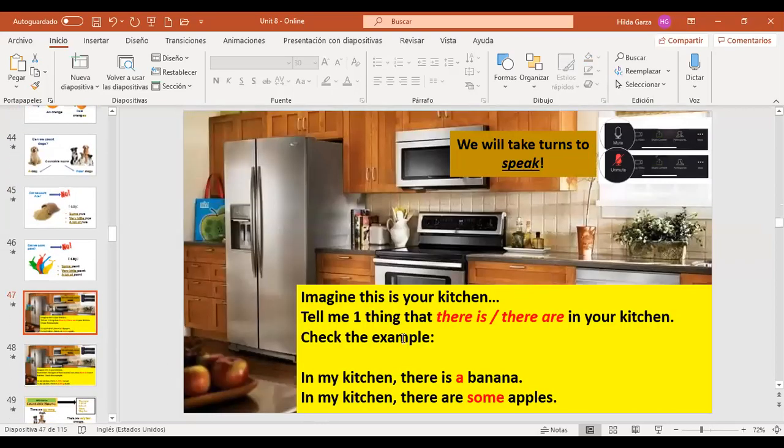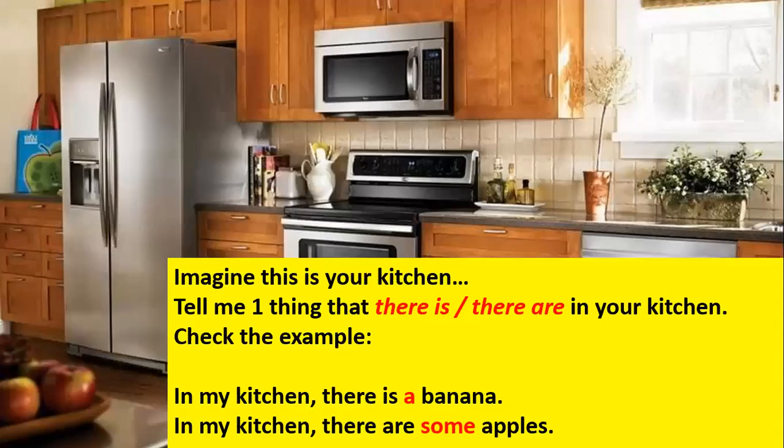And I want you to imagine that all of this is your kitchen, okay? And I want you to tell me one thing that there is, and some things that there are in your kitchen, okay? So for example, in my kitchen, there is a banana, and in my kitchen, there are some apples, okay?